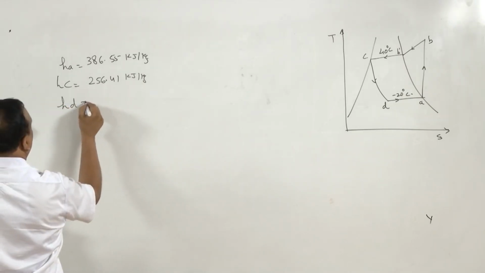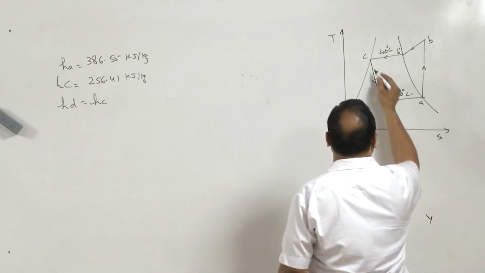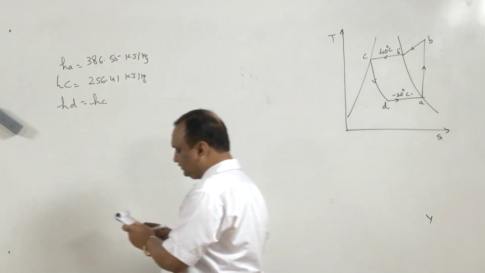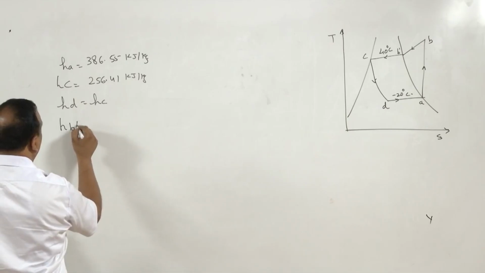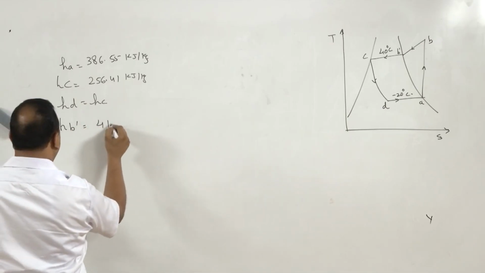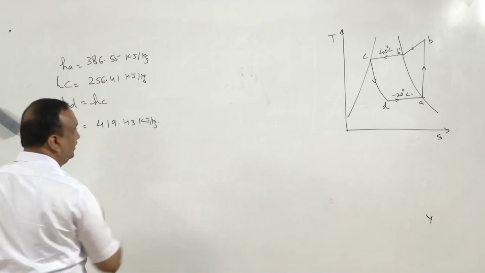Enthalpy at D is equal to enthalpy at C. Enthalpy at B dash is also known to us, that is 419.43 kilojoules per kg.